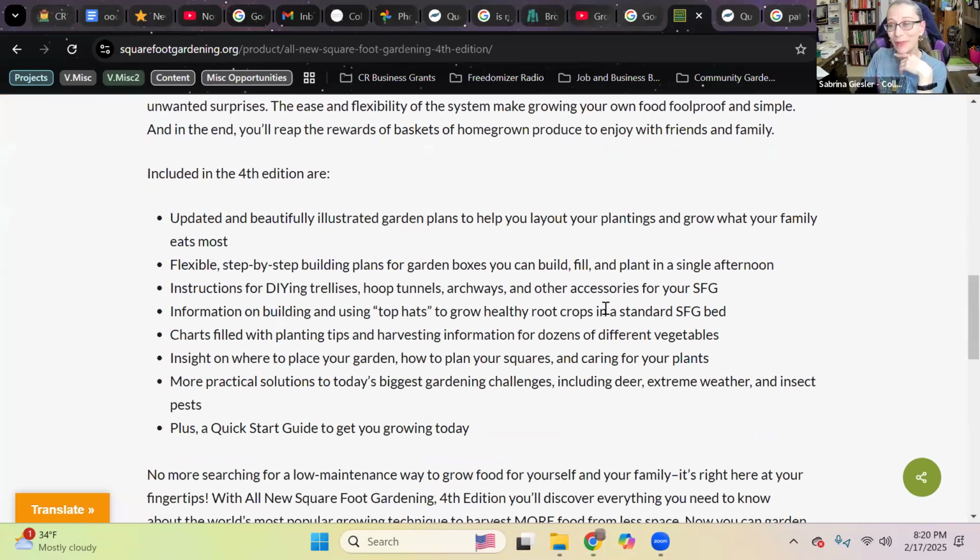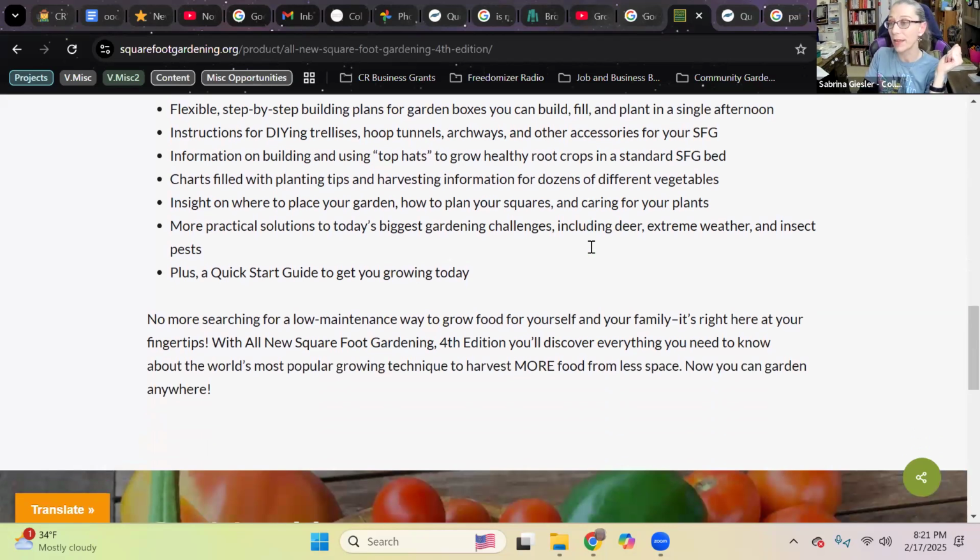They don't have it yet at Thrift Books. Eventually I'll end up breaking down and buying it brand new if I have to, but it has some additions from my variation, which I think was the original all new square foot gardening. So this is the fourth, that's two in between. And there are definitely some new pieces that are not in the first all new square foot gardening. Worth going and taking a peek at there.